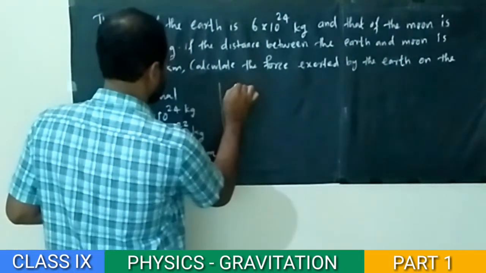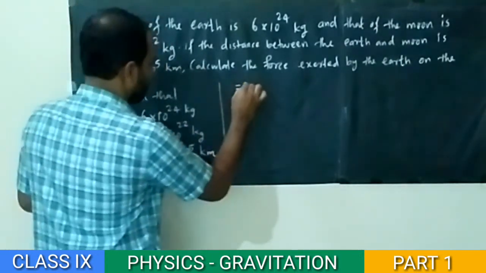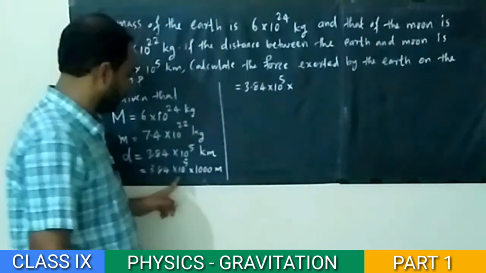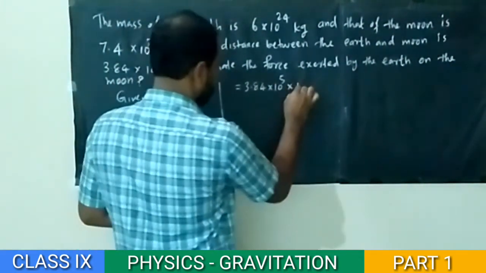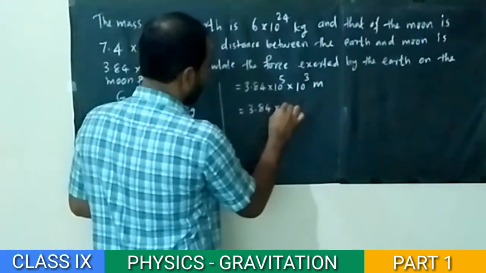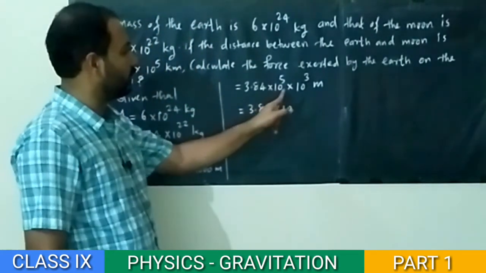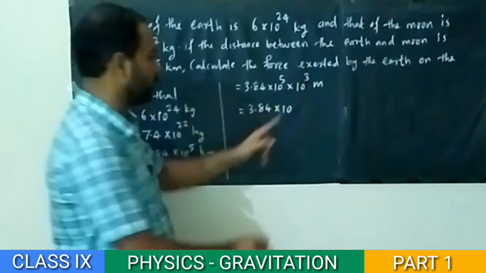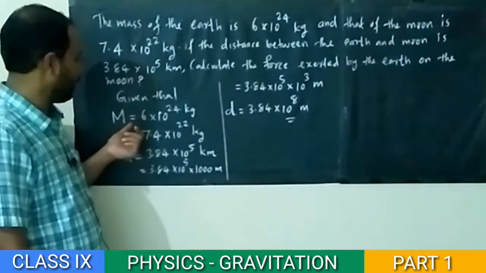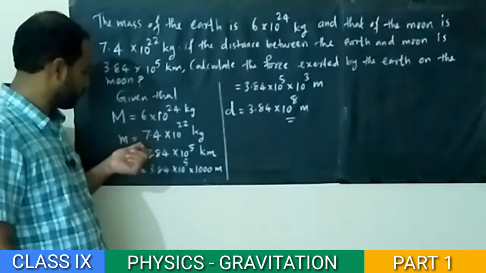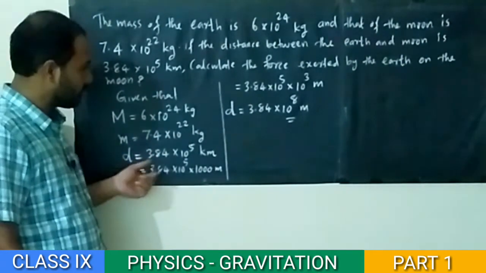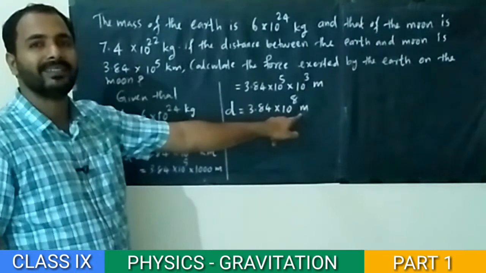So M is 6 × 10^24 kg, m is 7.4 × 10^22 kg, and distance is 3.84 × 10^8 meter.